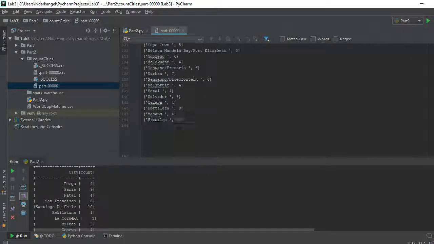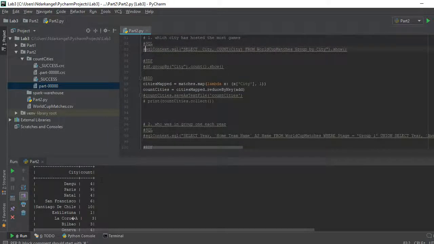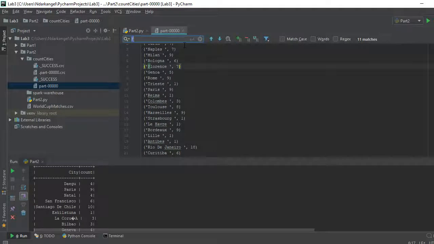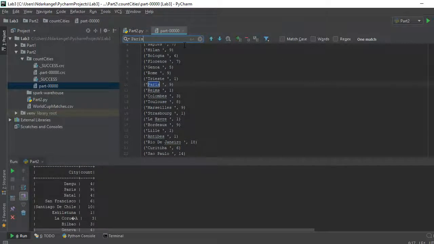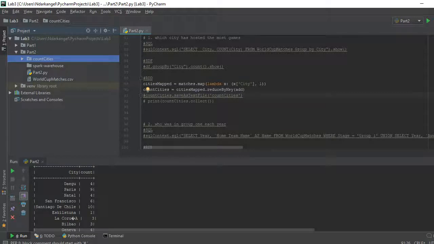Or maybe I'm typing wrong. This happens all the time. Oh, that's why. It's not France, it's Paris. Okay, you see Paris 9. So everything is like that. So this is the first part.